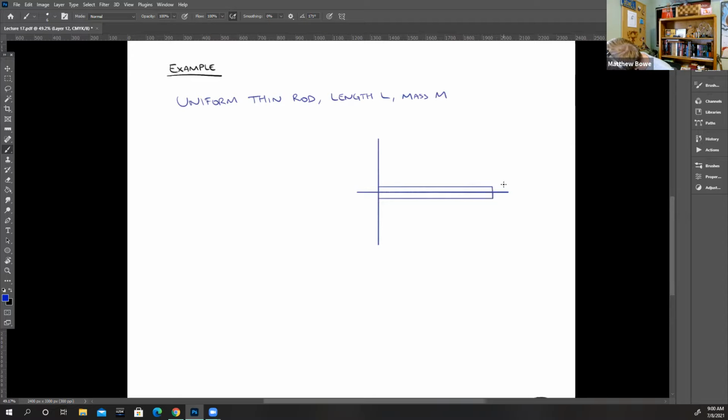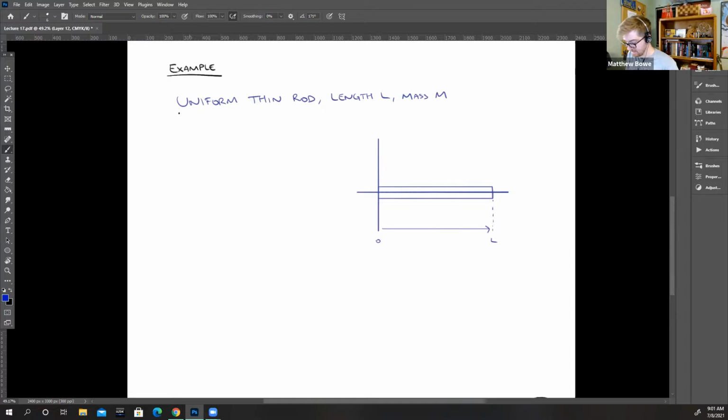There's our uniform thin rod with length L, from 0 to L. What is the object's center of mass?